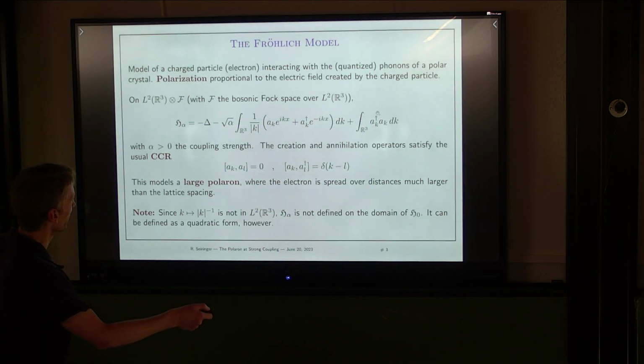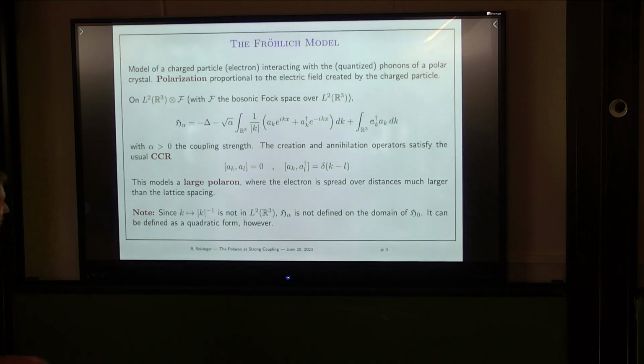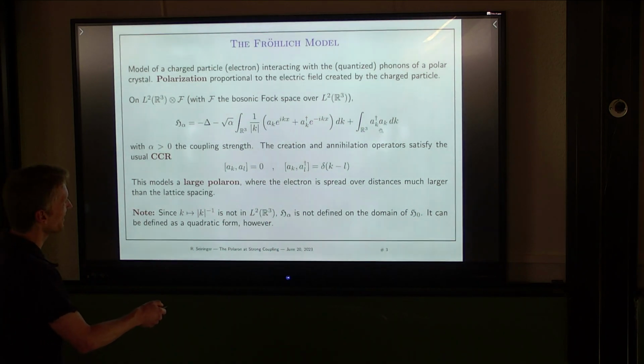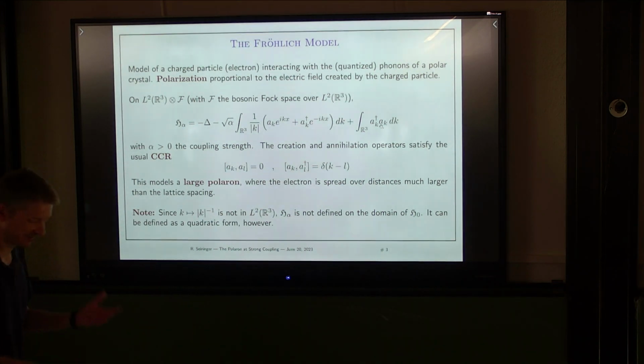I used the convenient second quantization notation, so creation and annihilation operators. This is on Fock space simply the number operator, written out in Fourier modes. So a_k dagger, these are the usual creation and annihilation operators. k is the index for the momentum of the field or of the phonons, if you want, right?